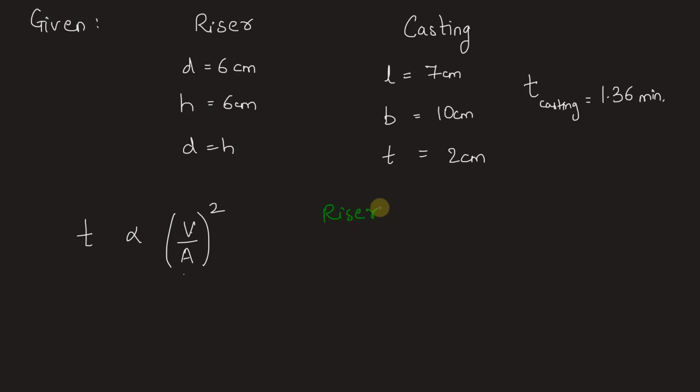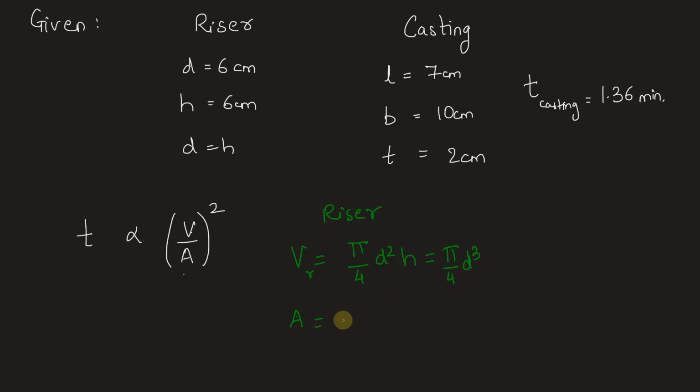For the riser, the volume, let that be VR, is pi by 4 D square into H, because it's a cylinder, and D is equal to H here, so it is pi by 4 D cube. Now its surface area can be calculated assuming that all surfaces are involved in cooling.